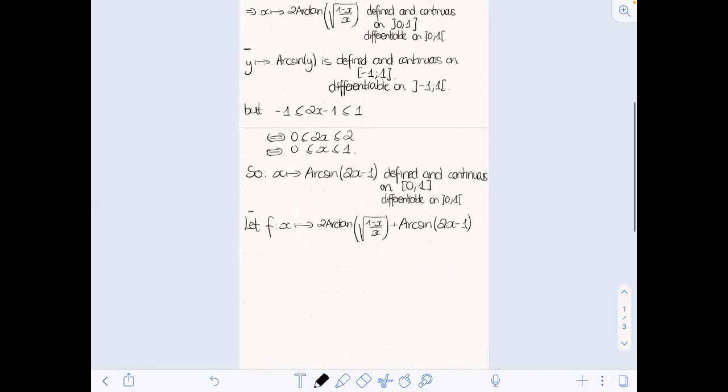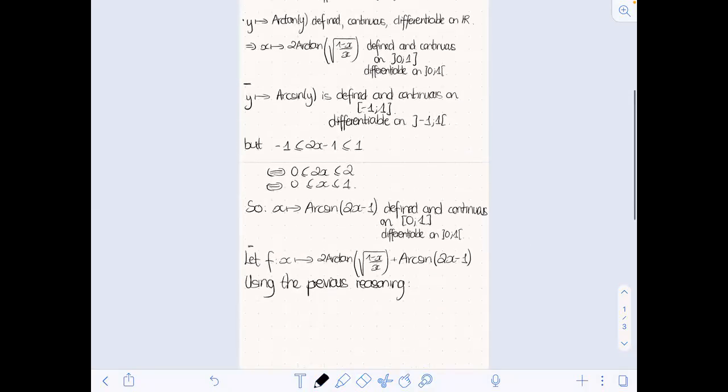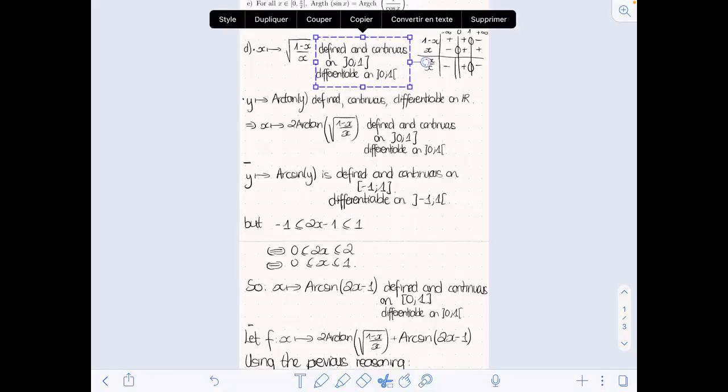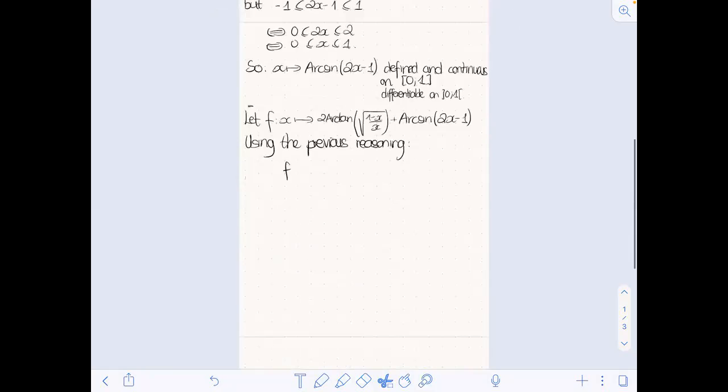And what we get in the end, using the above reasoning, we'll get f defined on the intersection, which actually happens to be the domain on which we can do things for.